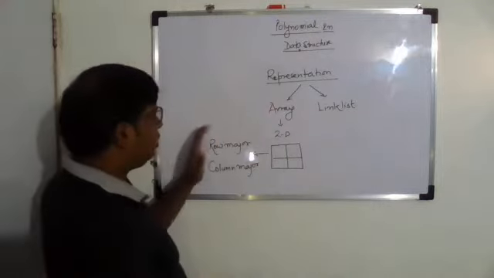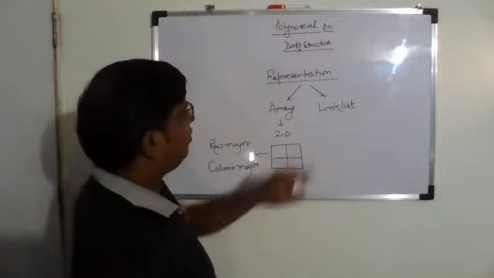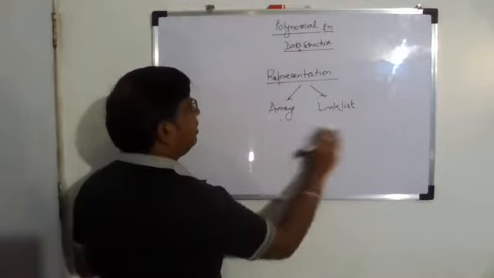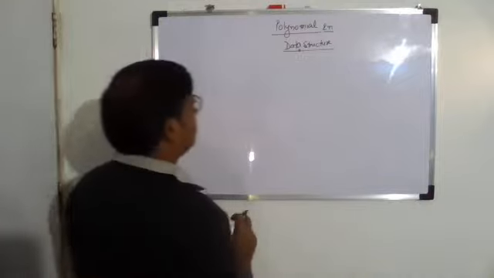So we will go into the array first using the row major and column major concept, and then we will come to the linked list, right?